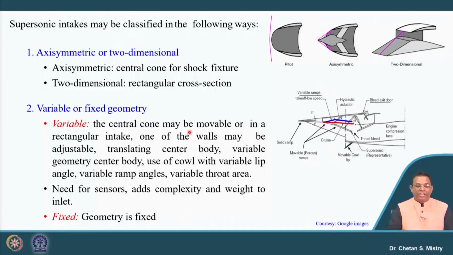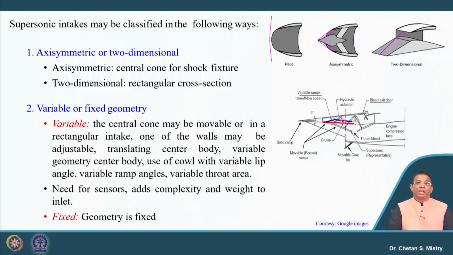Similarly, in a variable geometry we have a different kind of mechanism. Here we can make this conical shape move forward and backward, to place the shock as per the requirement. This represents one of the fighter planes, where, as per the requirement for different conditions, maybe cruise condition or takeoff condition, these ramps can move forward and backward.